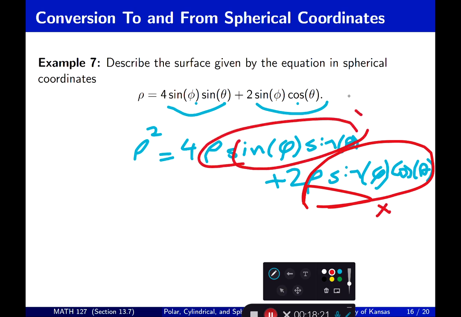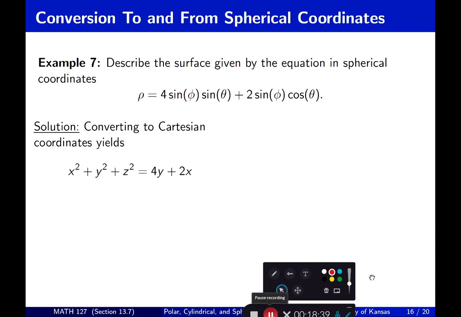This part is y, and this part is x squared plus y squared plus z squared. Now I can rewrite it as an equation in Cartesian coordinates and see what kind of surface it is. So according to the computation that we did, multiplying everything by rho and then converting from spherical to Cartesian, we ended up with this.